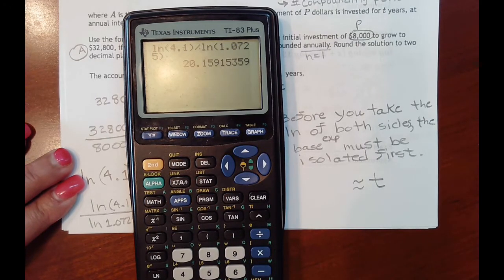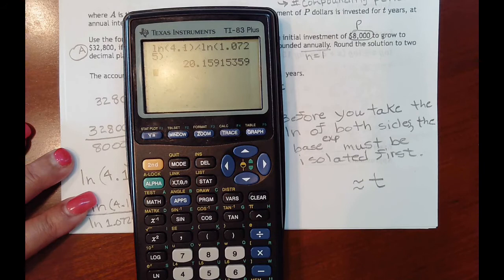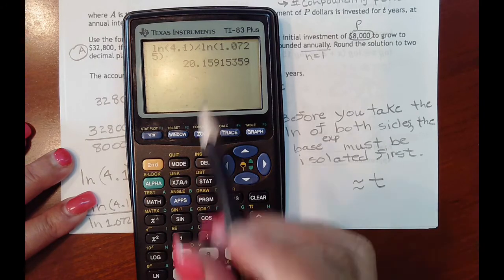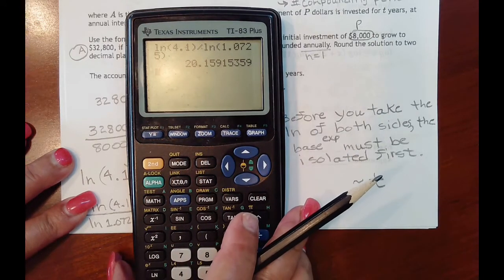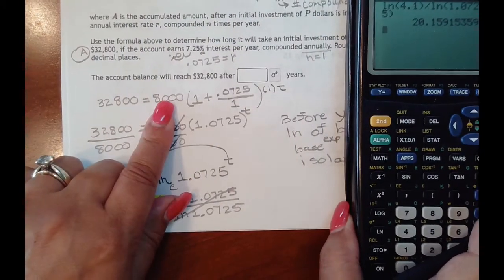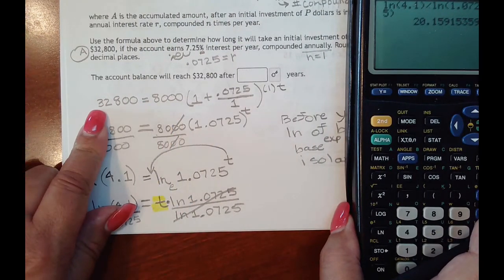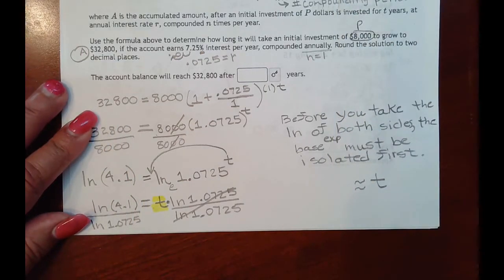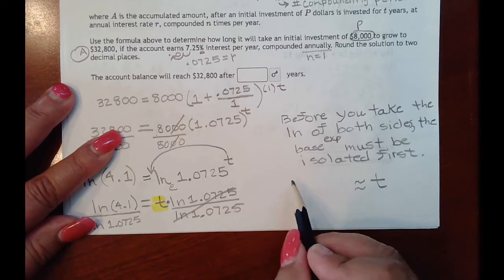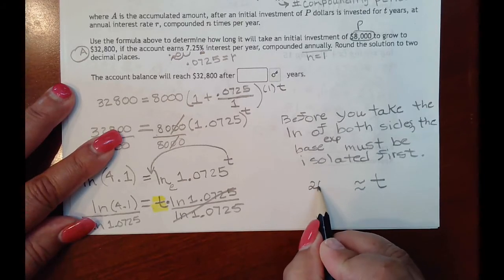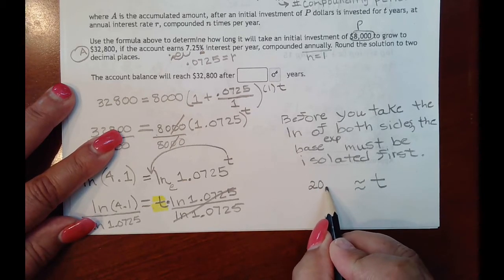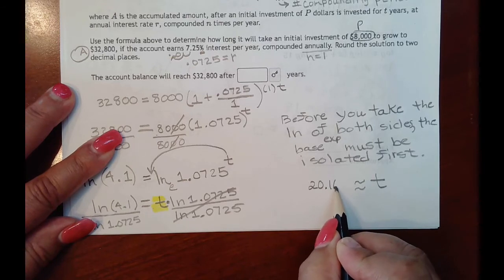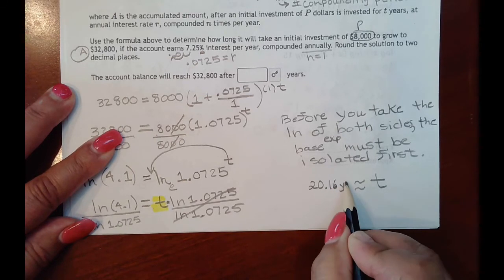And we get that it takes 20, and if we're going to round to 2 decimal places, 20.16 years for your initial investment to build to 32,800 when you're investing 8,000 at that particular rate. So 20.16 years.